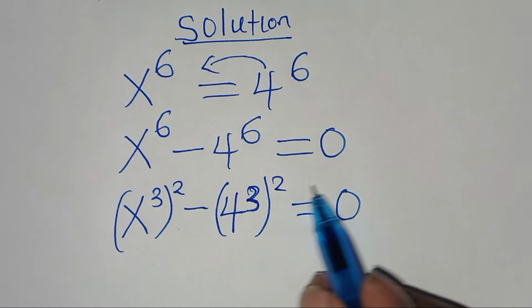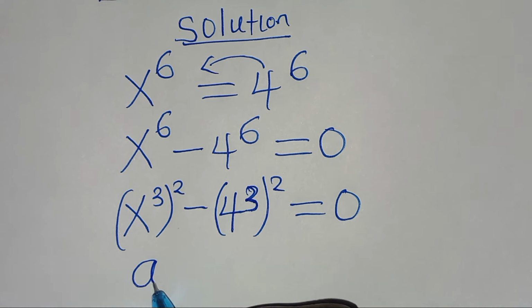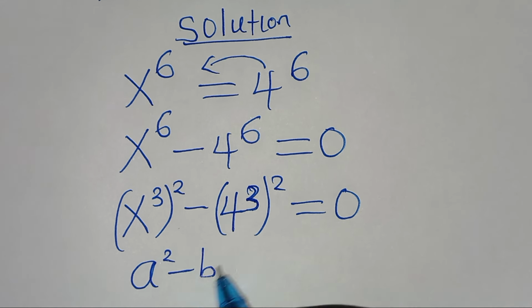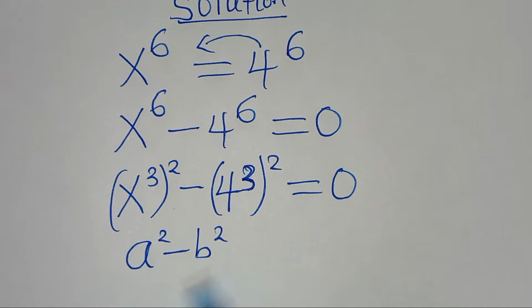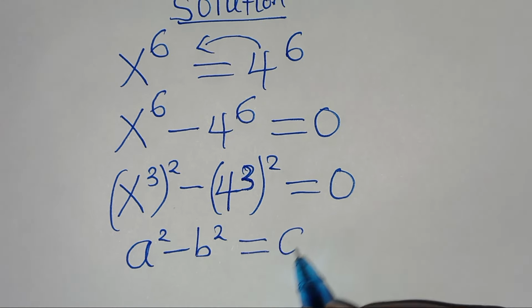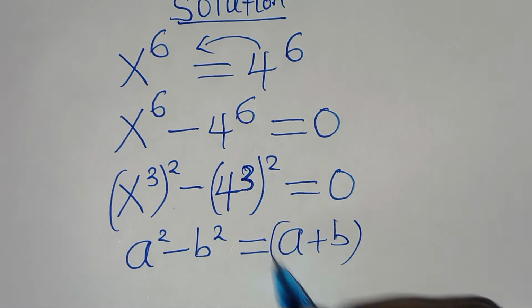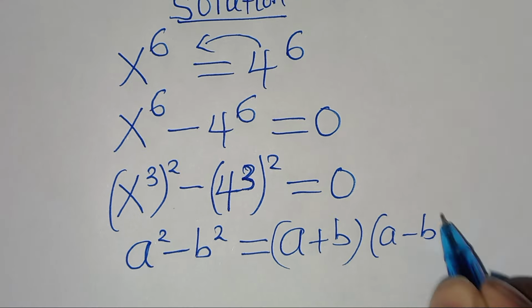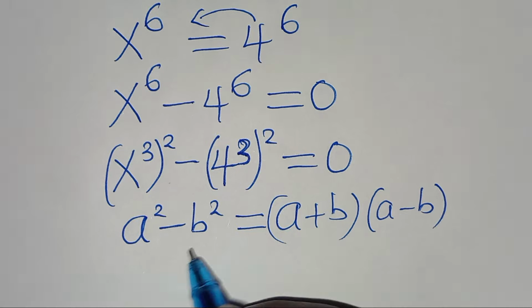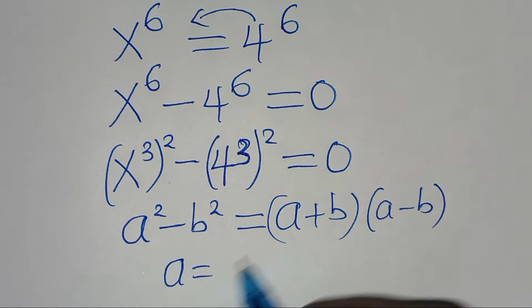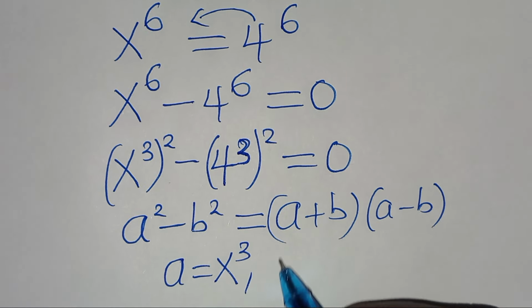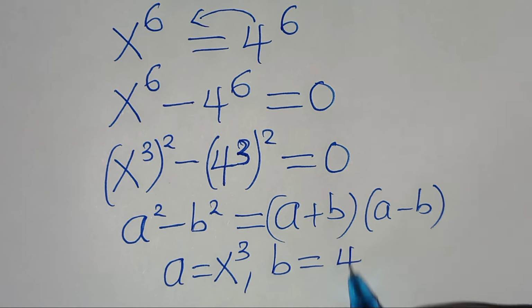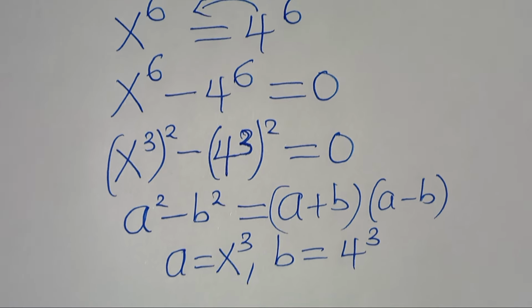Now, this equation is in the form of a squared minus b squared, the difference of two perfect squares, which you can express as a plus b times a minus b. From this equation, a is equal to x to the power of 3 and b is equal to 4 to the power of 3.